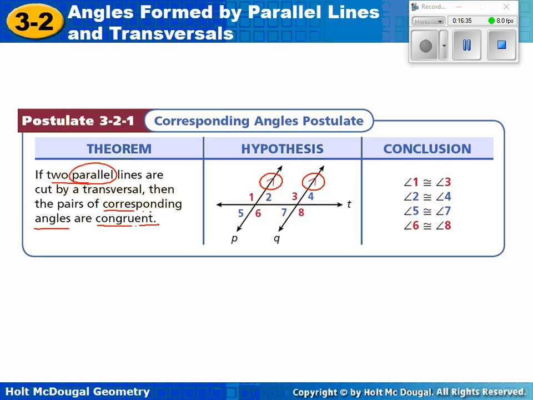That's our very first postulate. And again, we're going to call it a postulate because postulates are things that we believe to be true, but we didn't prove them true. So we're going to believe this to be true today, and then everything else we learn is going to be a theorem because we're going to develop it or discover it and prove it.